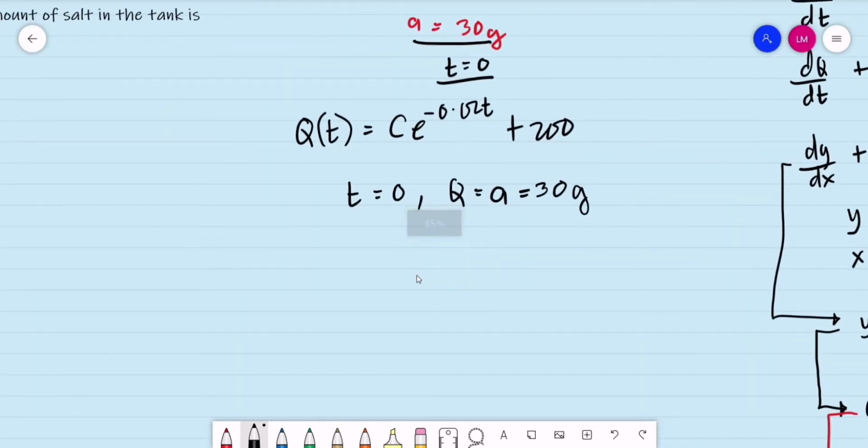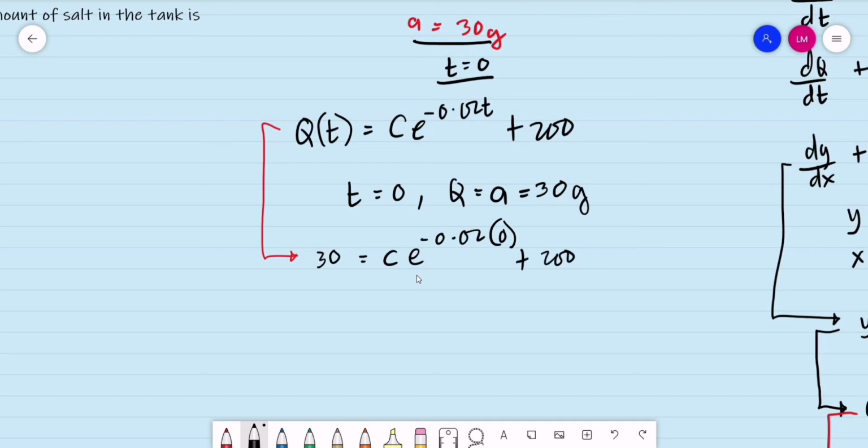Okay, we are now to substitute to determine the value of C. The Q of t, or the amount of salt, 30 grams, is equal to C e raised to negative 0.02 at initial time, that is time equal to 0, plus 200.